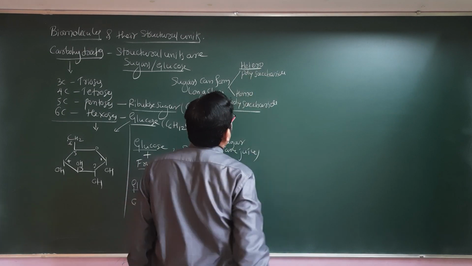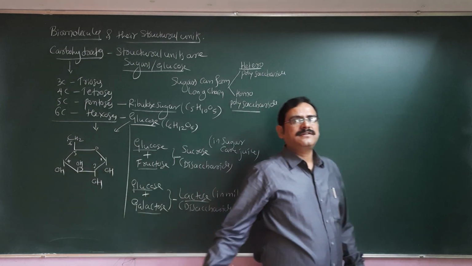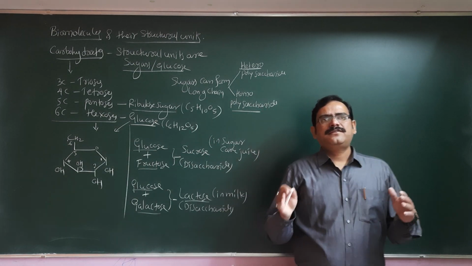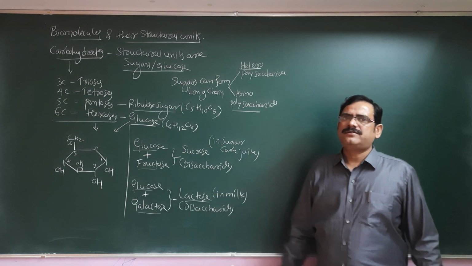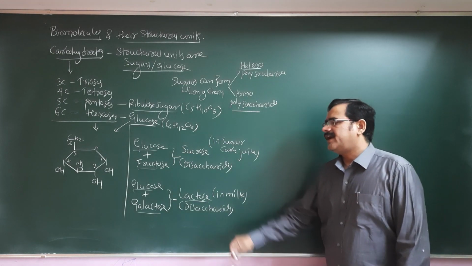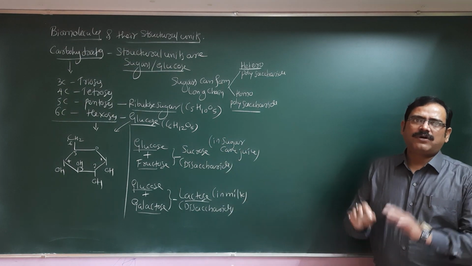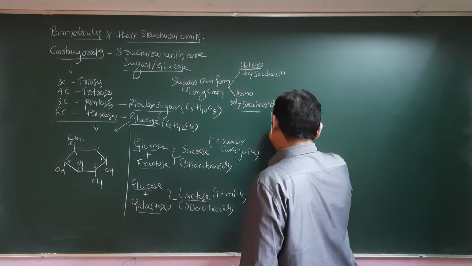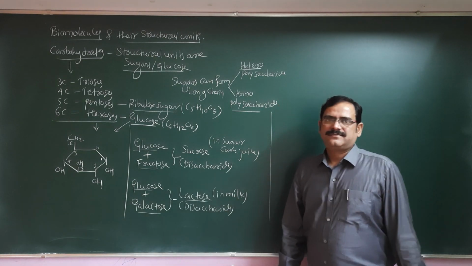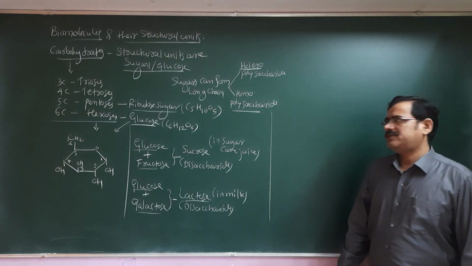Here heteropolysaccharide means different kinds of sugars, and homopolysaccharide means similar types of sugars. Well, this is all about what we have seen regarding glucose, and the different sugars in which it is found. Let us now understand the pentose sugar.